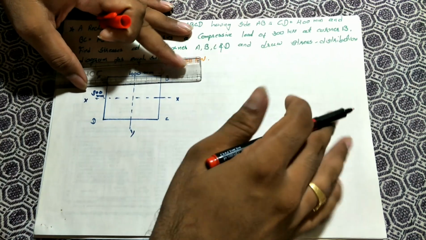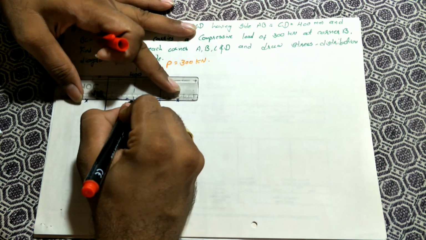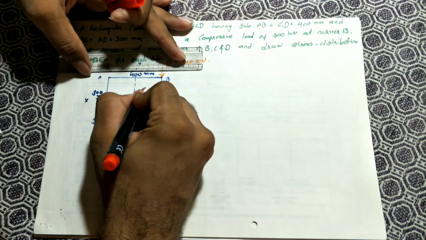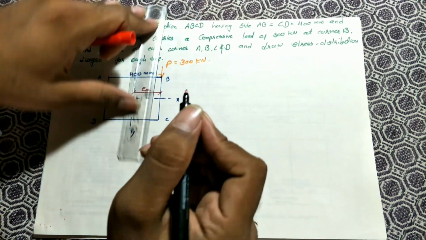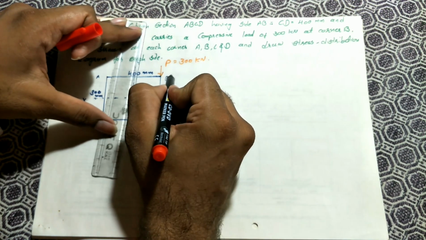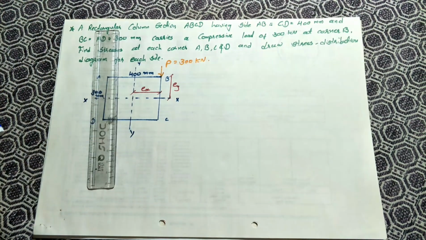This is EX, the eccentric distance, and this distance is EY, because we have two axes and this load is not acting at the center.